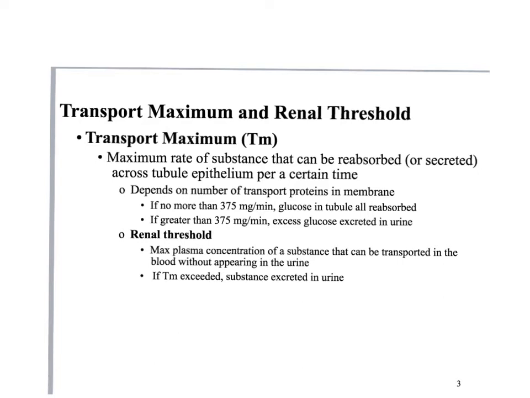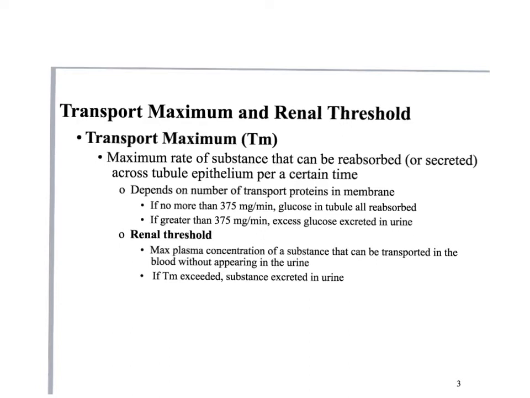So if I want to move glucose from the urine back into the blood to reabsorb it, I need to have glucose transporters present on those cells. And if I have more glucose transporters, I can move glucose back into the blood quicker than if I have less. So the abundance of a transport protein is directly related to how fast the substance it's transporting is moved. Understand?